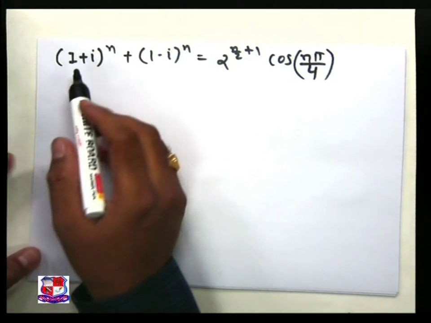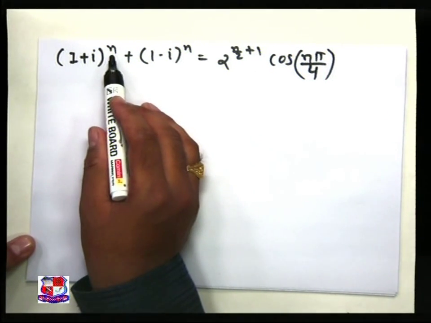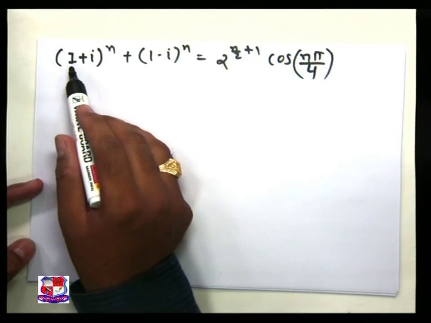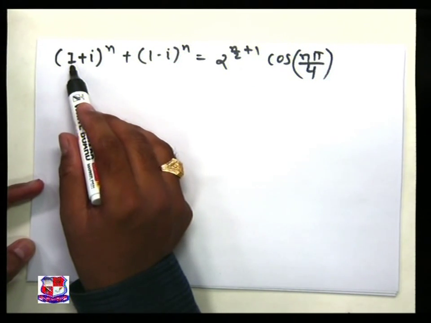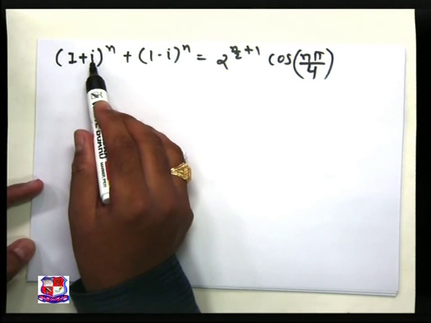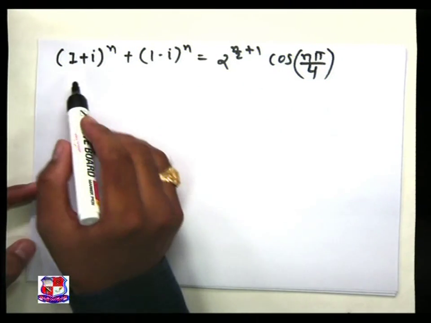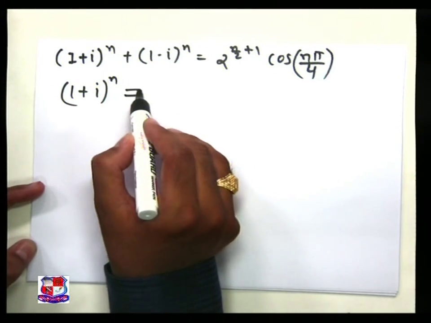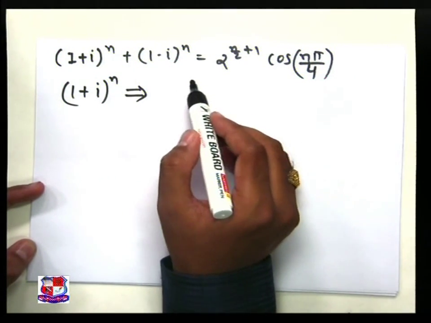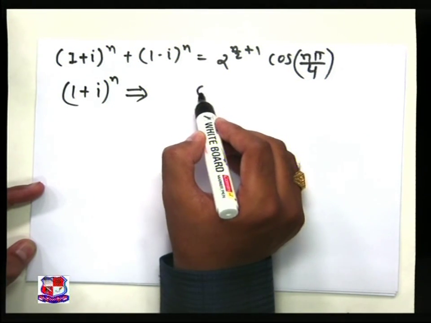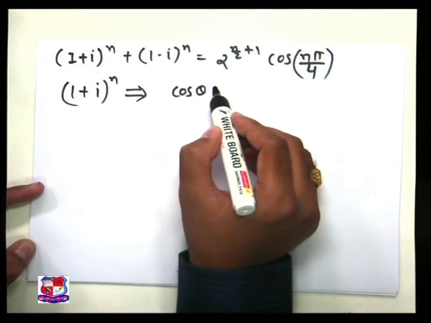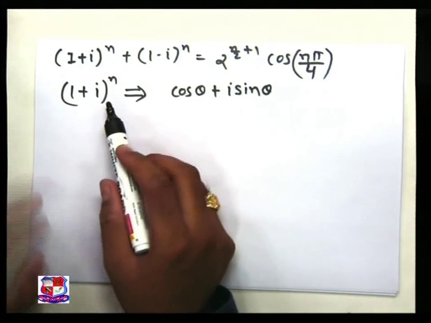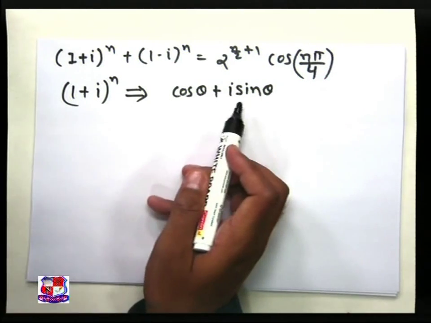So here our complex number is in terms of power, 1 plus i. Our rule suggests that both the angles must be the same, but here there is no angle, only the term 1 and only the term i. So if we want to convert (1 + i)^n into polar form, we want to convert this term into cos theta plus i sin theta.